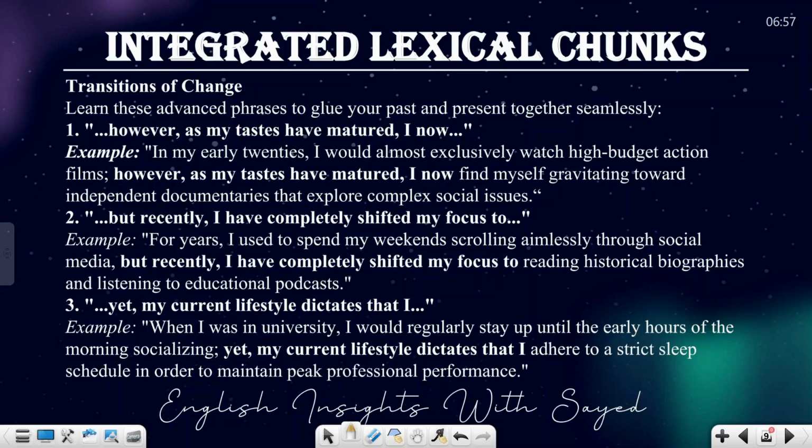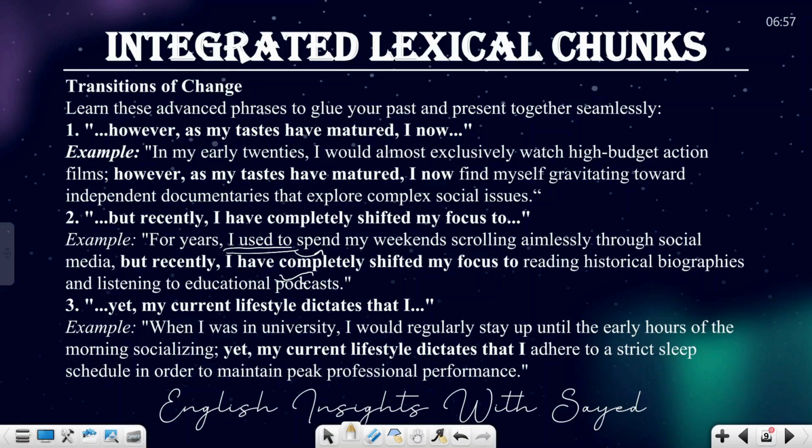For years, I used to, see what modal I have used. I used to spend, and after this is the base form of the verb. Okay, I used to spend. For years, I used to spend my weekends scrolling aimlessly through social media, but recently, I have completely shifted my focus to reading historical biographies and listening to educational podcasts.